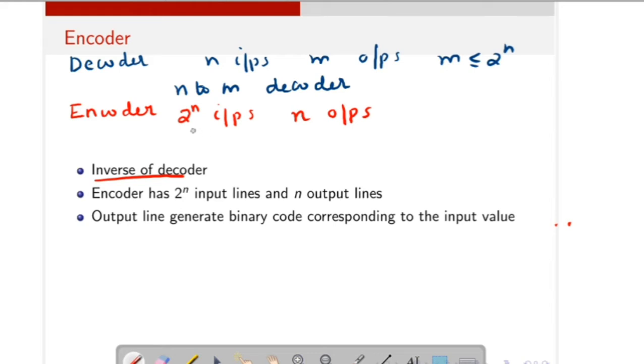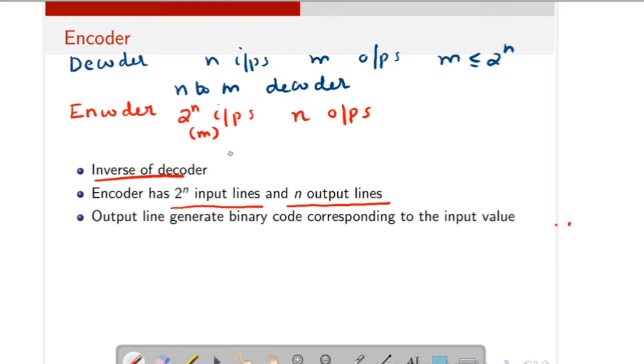That means it may be considered as m inputs and n outputs, where m is less than or equal to 2 raised to n, same as in the case of output of decoder. So the encoder has 2 raised to n input lines and n output lines.